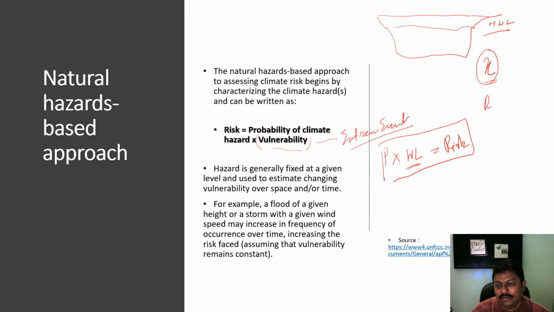For analyzing risk based on the natural hazard based approach, you calculate the probability of this event which can raise the water level to MWL, the maximum water level that can be stored in the river, right? That is P1, and you multiply it with the magnitude of that water level. This will give you a natural hazard based risk. Okay.